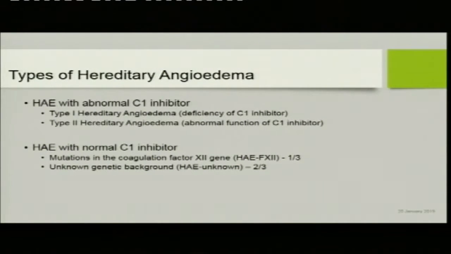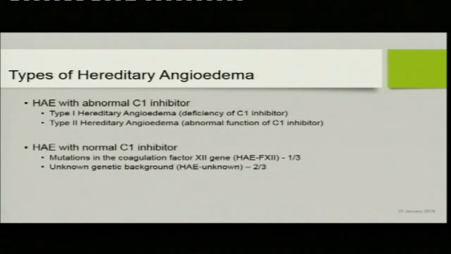So we used to know that hereditary angioedema has 3 types, but now they moved the paradigm to say it's either hereditary angioedema with dysfunctional or abnormal C1 esterase inhibitor, which encompasses the first well-known 2, type 1 and type 2. Type 1 is related to antigenic deficiency, and type 2 is related to protease inhibitor functional issues.